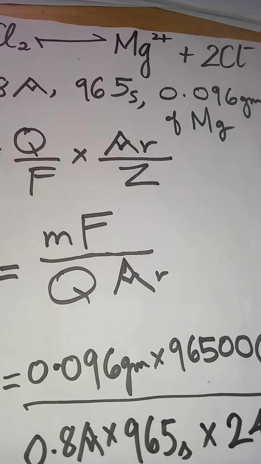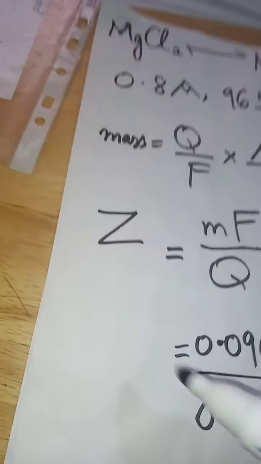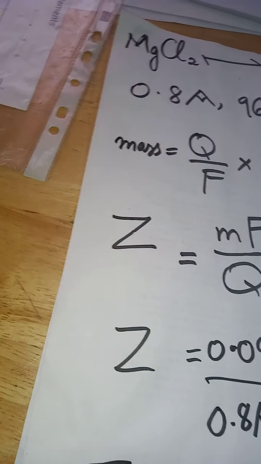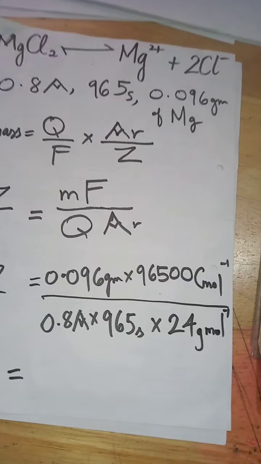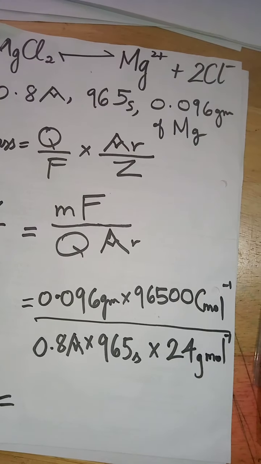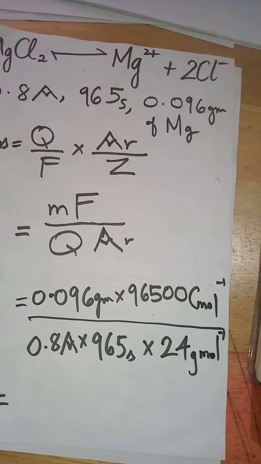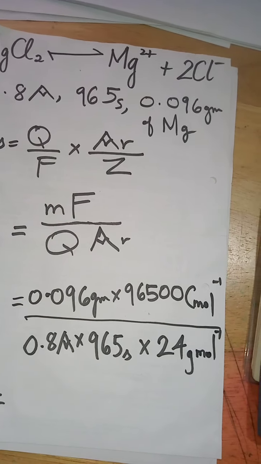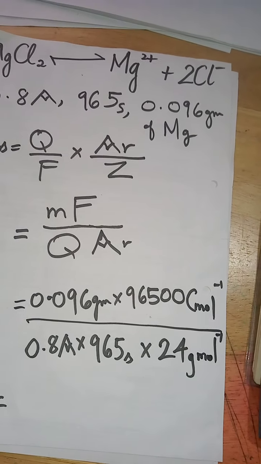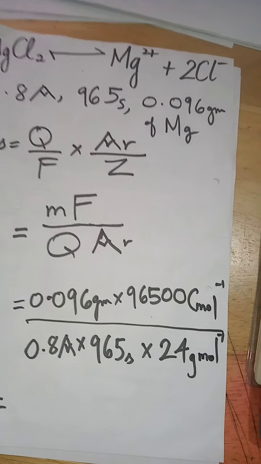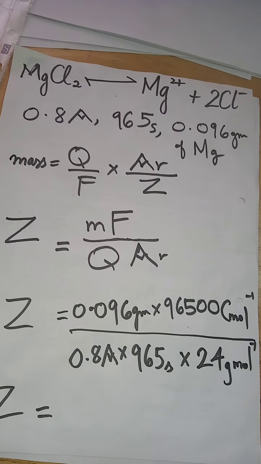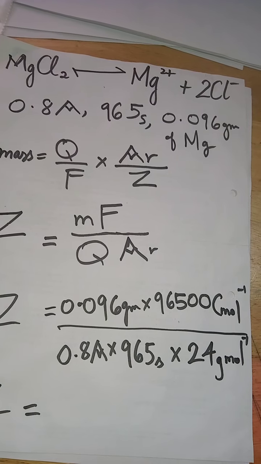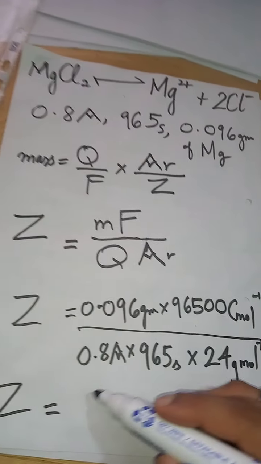Always write the units because the units will cancel out to give you the correct answer. So the oxidation number will be, so it'll be half.